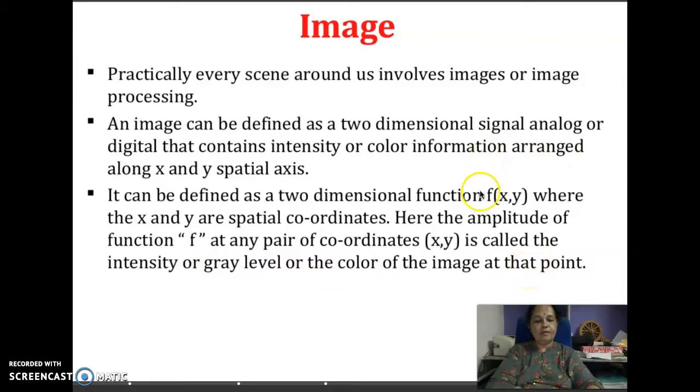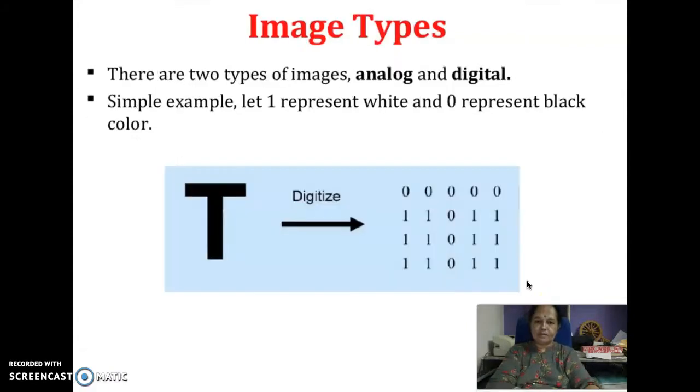So finally we shall say that image is nothing but a function f(x,y). x and y are the spatial coordinates, and the amplitude of f is referred as the intensity, or it could be called as gray level, or sometimes it is the color of the image at that particular point (x,y). So this is the general definition of image.